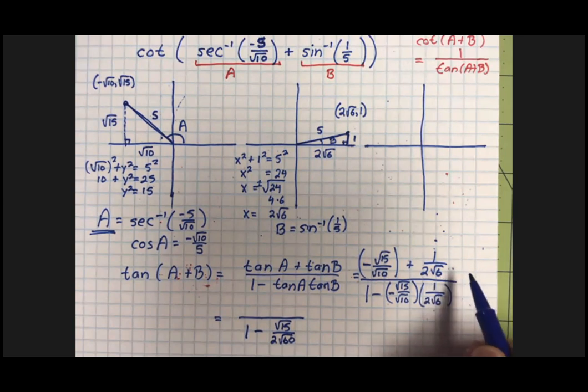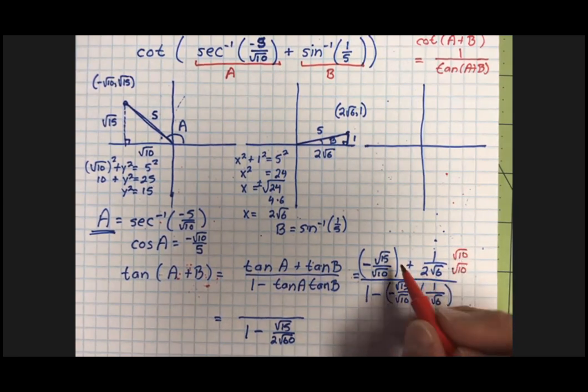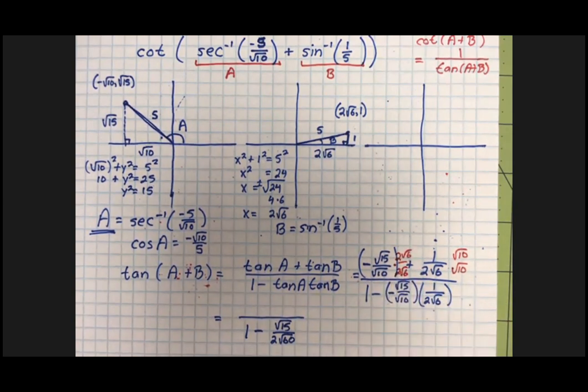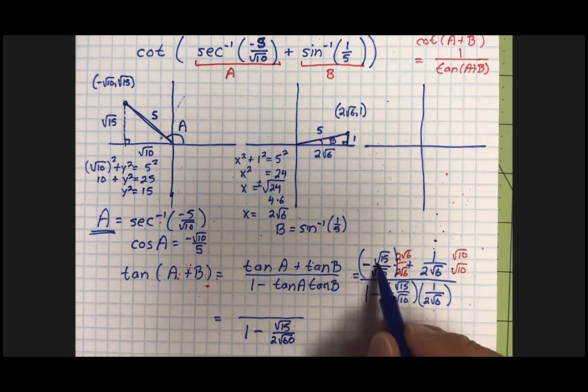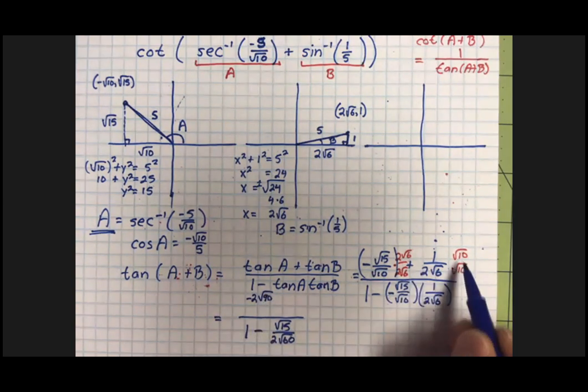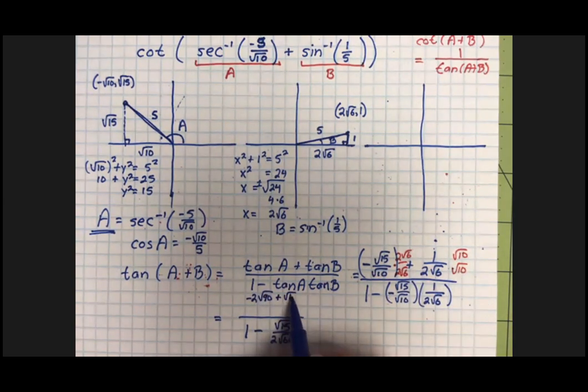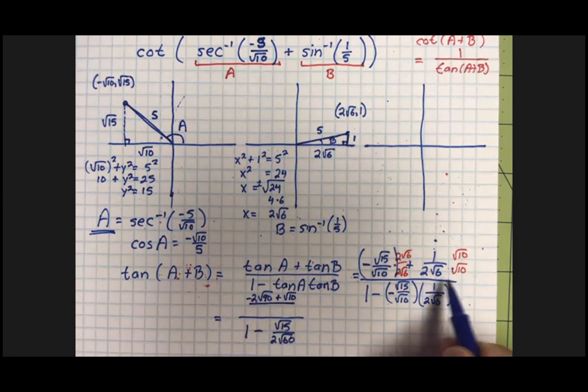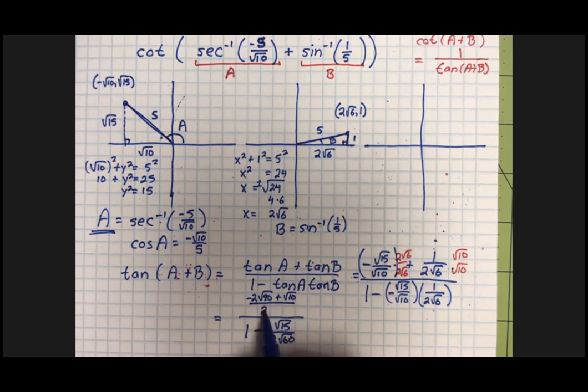So let's multiply this one by √10 top and bottom. Let's multiply this one by 2√6, top and bottom. So I have minus 2√90 plus √10, divided by 2√60.